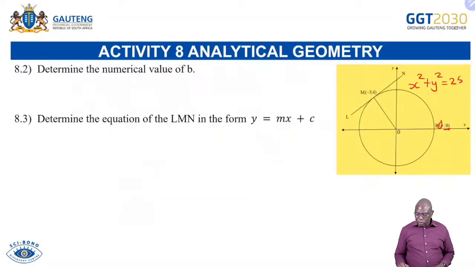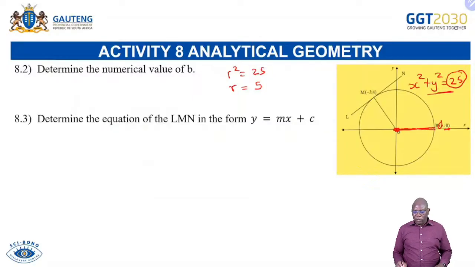So I can come to this equation here and substitute. Or I know from the center to there, it's a radius. And my radius squared equals to 25, so my radius is going to be 5. So the distance from 0 to that point here will be 5, meaning that my x value here will be 5.